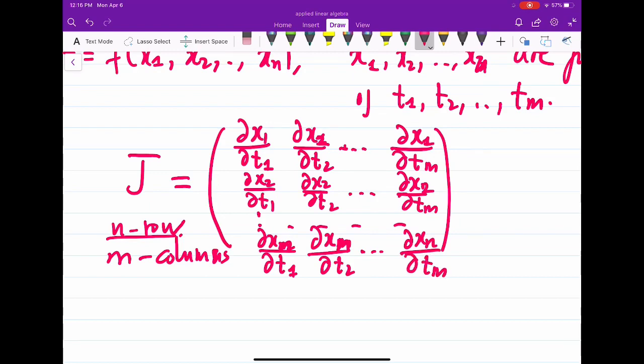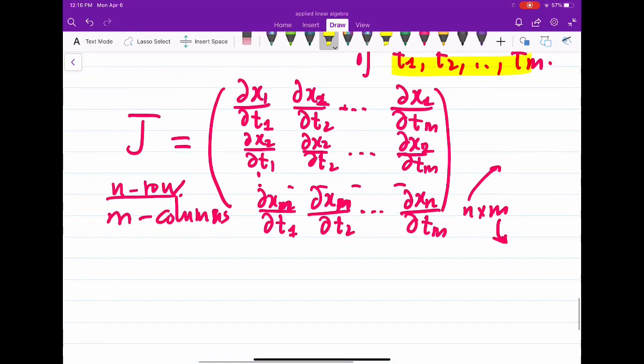So basically, this matrix has the size n by m, where n is the number of variables x1, x2, ..., xn, and m is the number of variables of the functions x1, x2, ..., xn, which is t1, t2, ..., tm.